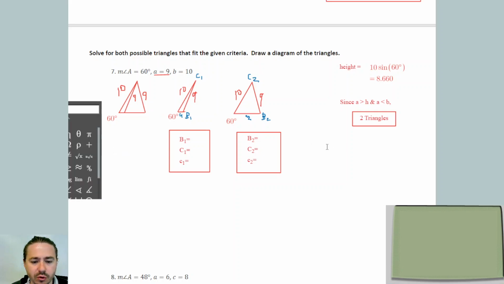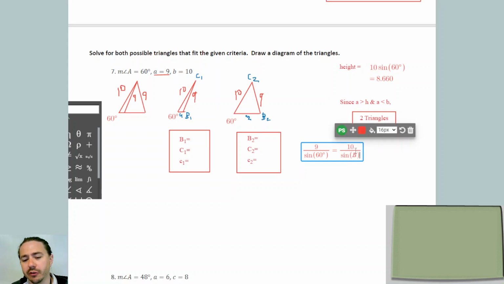We've got the opposite side, which is 9, over the sine of 60 degrees equals, and is this going to be B1 or B2? We'll find out pretty quickly. If it's obtuse, it's going to be this one. If it's acute, it'll be this one. So we've got the side B, which is 10, divided by the sine of angle B.